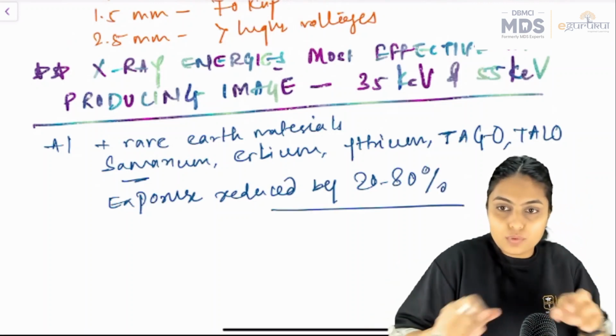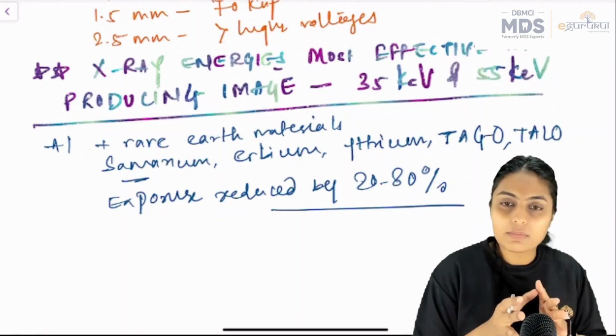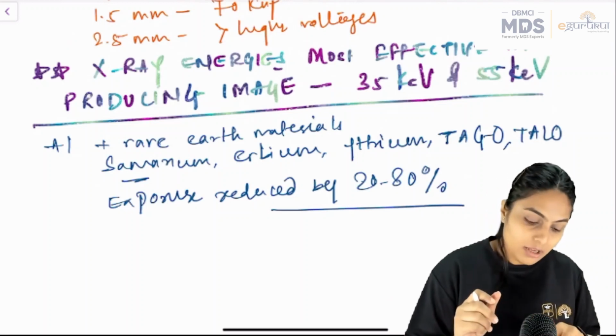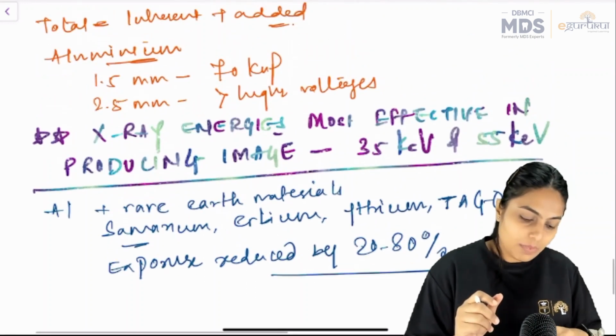So if we use rare earth material with aluminium, the exposure is reduced by 20 to 80%. Just remember this.